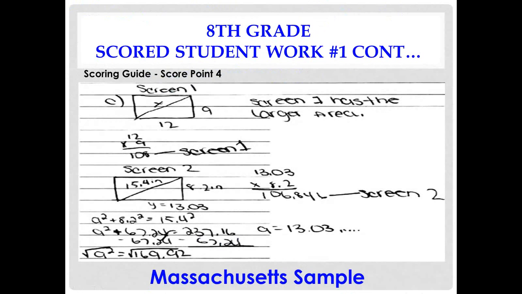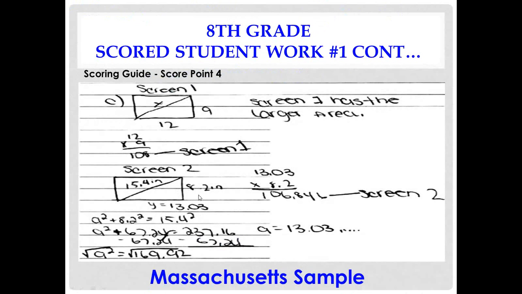And part C, which screen 1 or screen 2 has the greater area? They already calculated the area for screen 1 doing 12 times 9. Now, on screen 2, what was missing was one of the leg measurements.